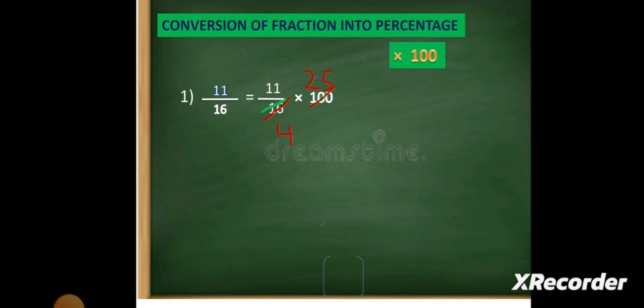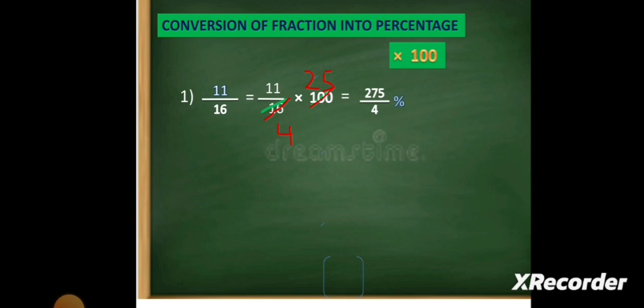25 11s is 275. So we'll write it as 275 upon 4%. Is this the final answer? No. We will change it into mixed fraction or decimal numbers.